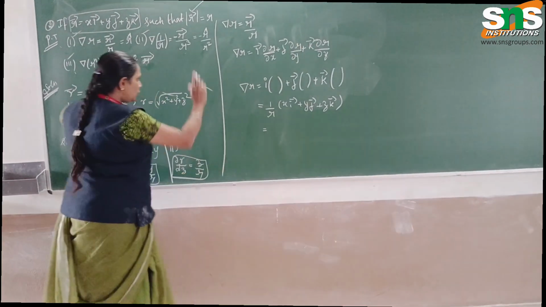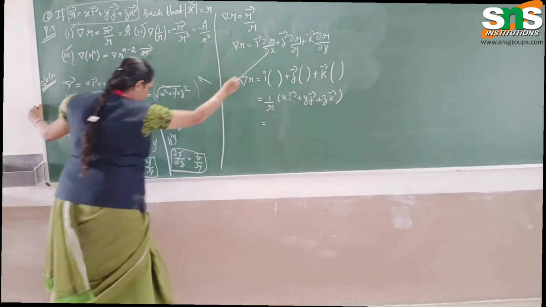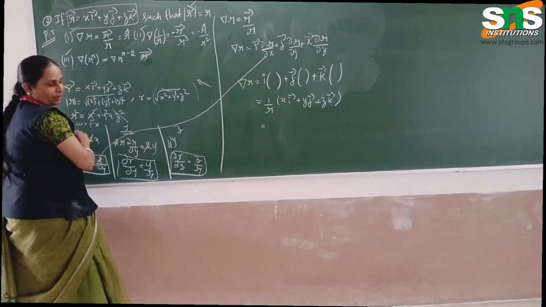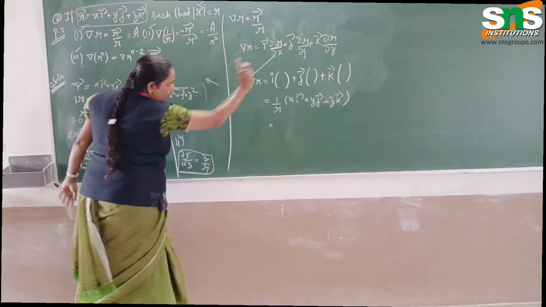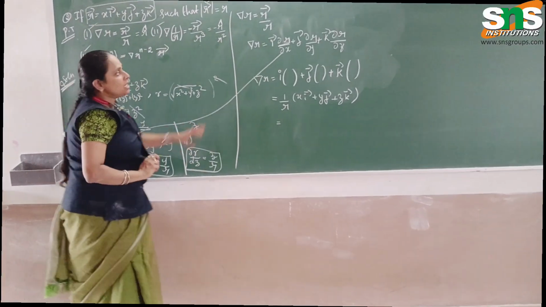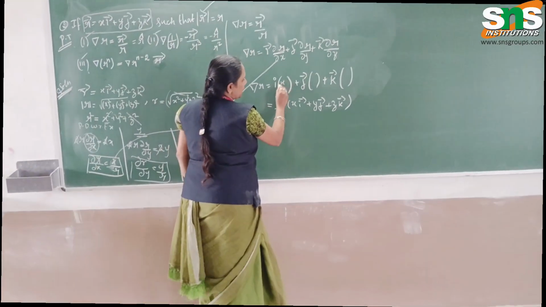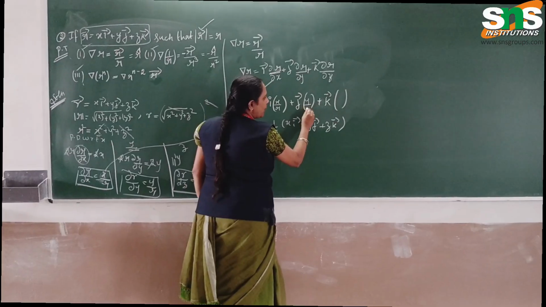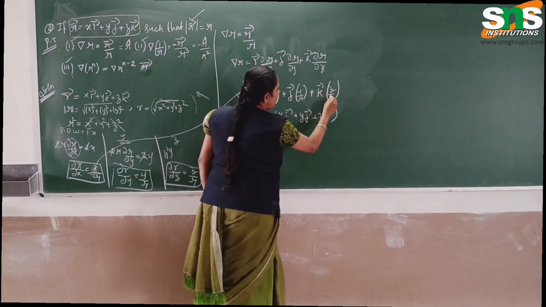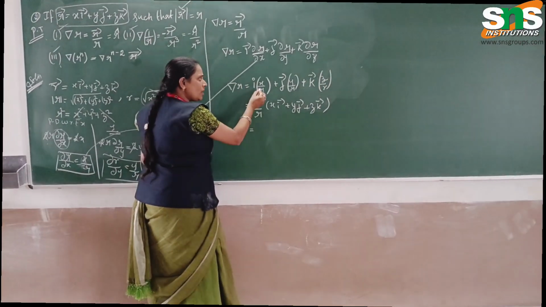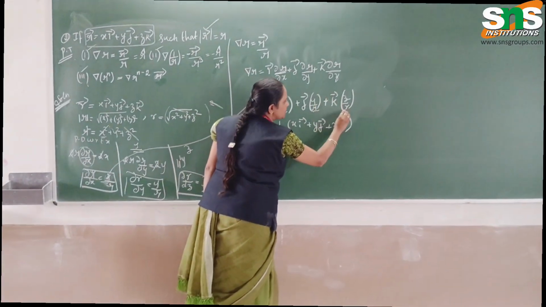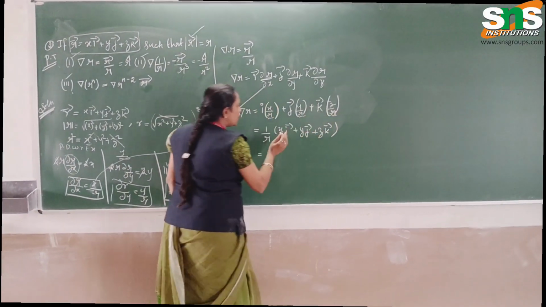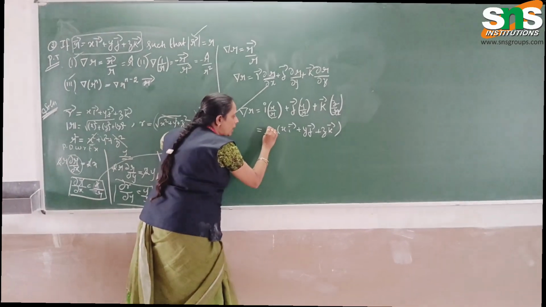Dou r by dou x is x by r, dou r by dou y is y by r, and dou r by dou z is z by r. Here the denominator is r in each term, so take it outside: 1 divided by r.